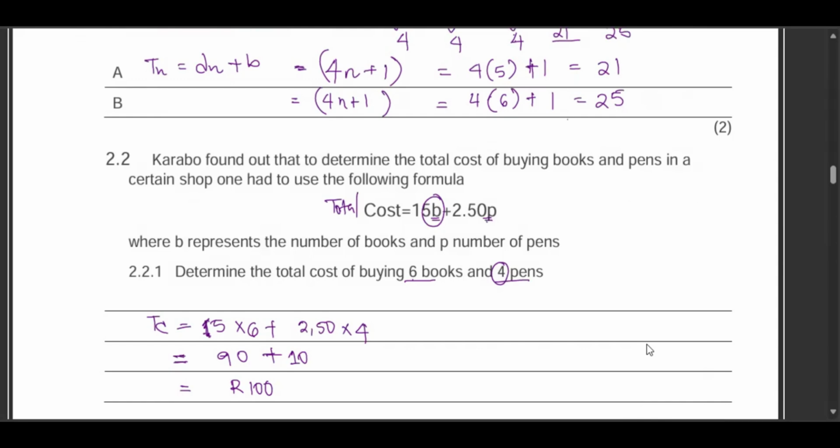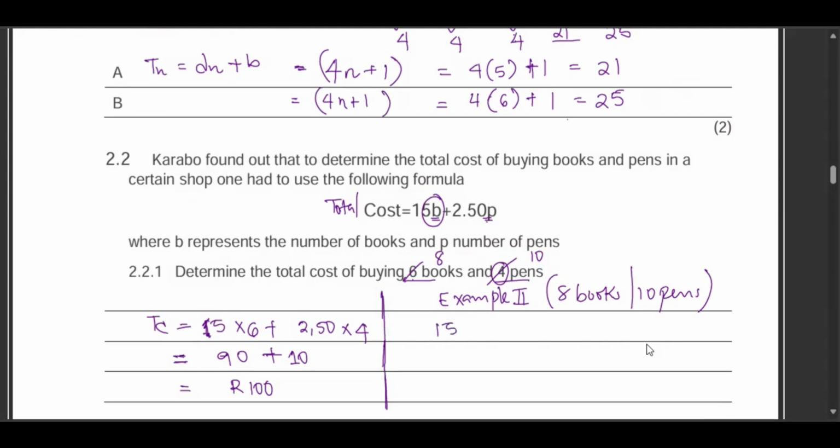Now, there's another question. Imagine someone, instead of 6 books, bought 8, and instead of 4 pens, bought 10. How much would it be? Let's use this as an example. We are substituting. Someone has bought 8 books and 10 pens. How much are they going to spend?